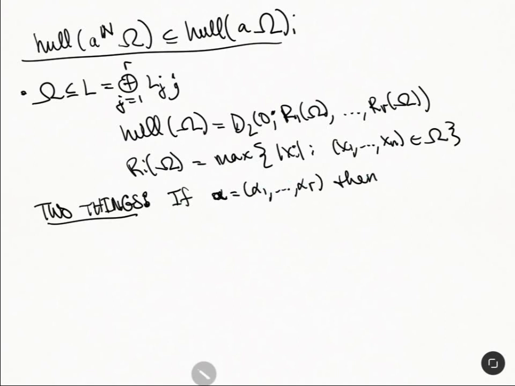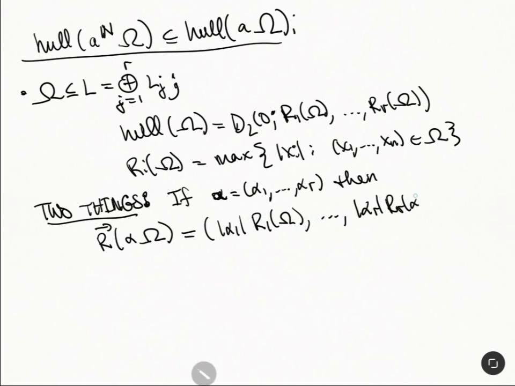Then what do we have? We have r of alpha times omega. This is going to be the absolute value of alpha 1 times r1 of omega, and then the absolute value of alpha r times r_r of omega, like so.